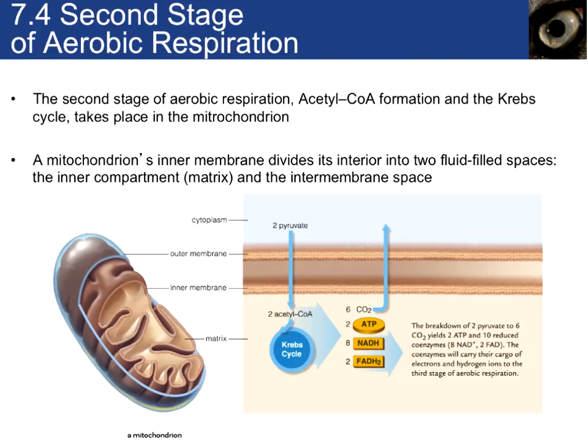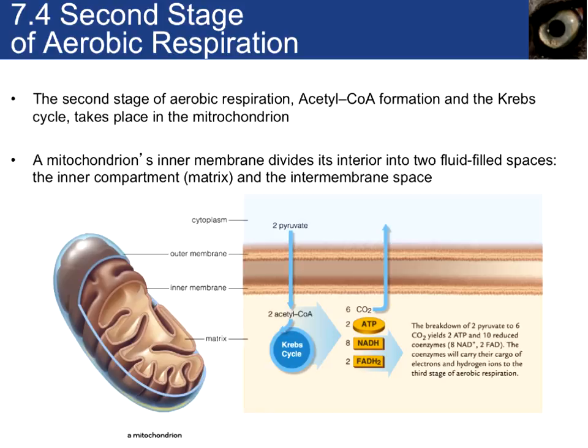So in the second stage of aerobic respiration, acetyl-CoA formation and the Krebs cycle take place in the mitochondria. Again, I don't want you to know all these specific steps in the Krebs cycle. I just want you to understand the gist of it.